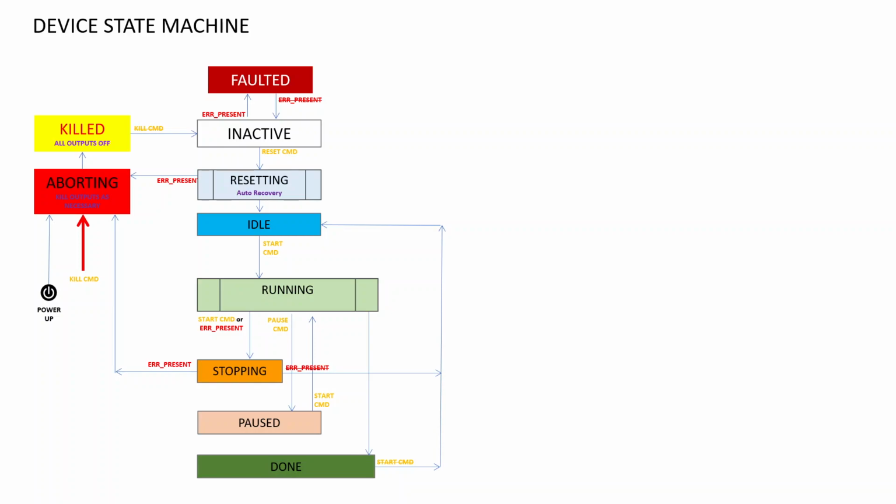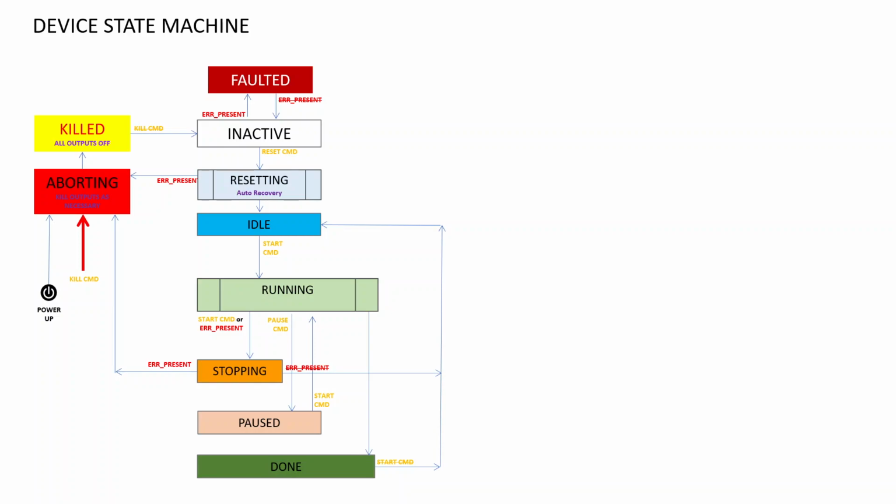I guess the idea behind a device is that if we use a consistent state definition, when someone tells us, hey, this device is idle, this device is running, this device is inactive, faulted, killed. When someone says that, we don't really know how the code works behind the scenes, but we have a general idea of what assumptions we can make about that device without having known anything about the logic behind it.